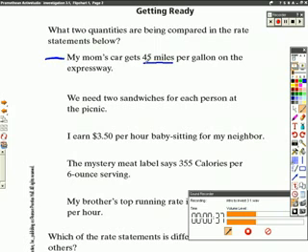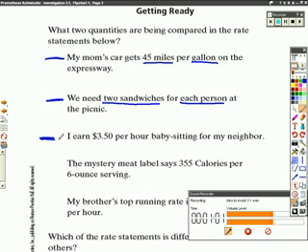We had the 45 miles, and we had the gallons of gas. Okay? Those are the two things that are changing. What about in the next statement? We need 2 sandwiches for each person at the picnic. Correct. 2 sandwiches and each person.